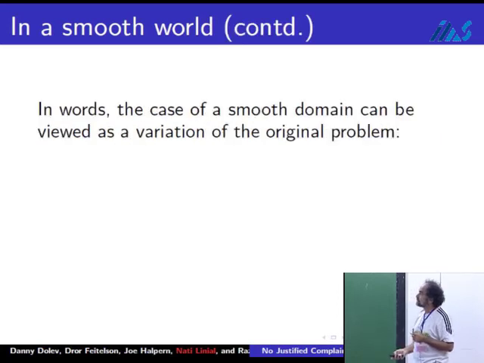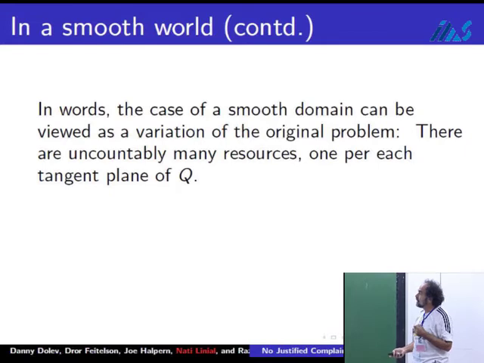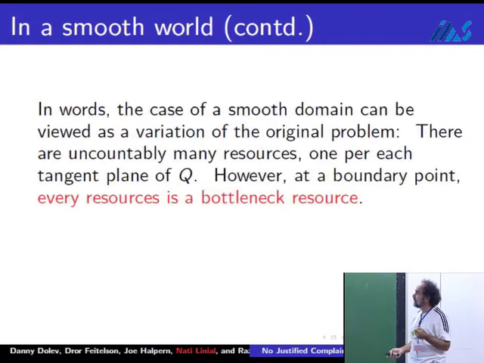What this means is that in the smooth situation, we are really dealing with a problem like this. Rather than the finite list of inequalities that we had, you have uncountably many restrictions, but at a boundary point, every resource is a bottleneck resource.